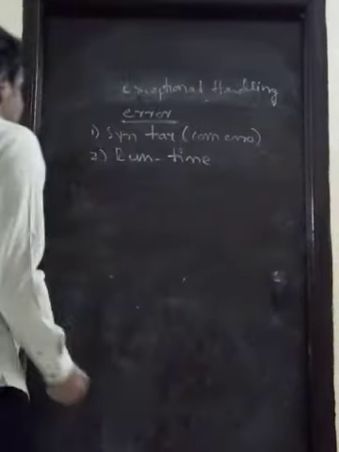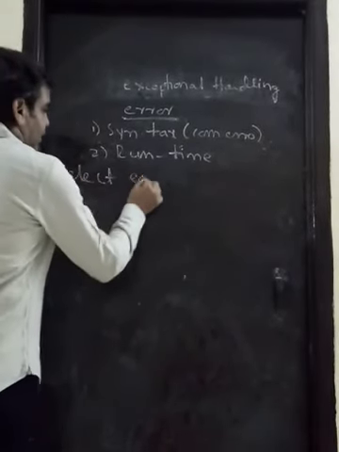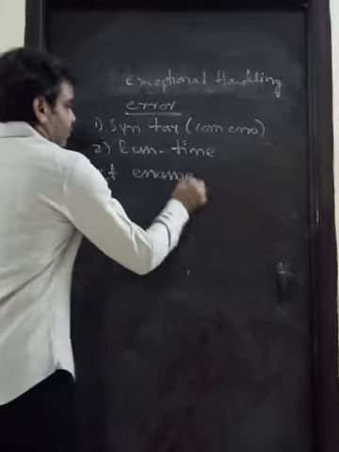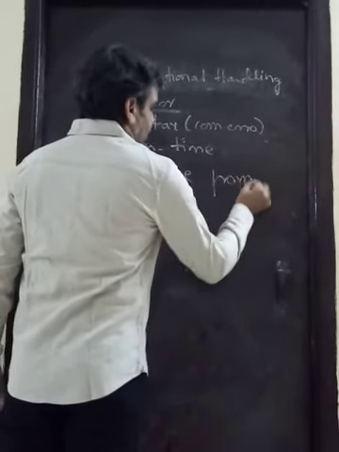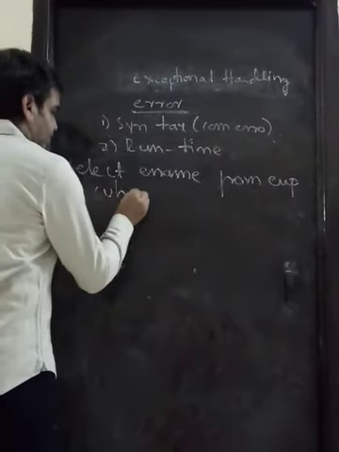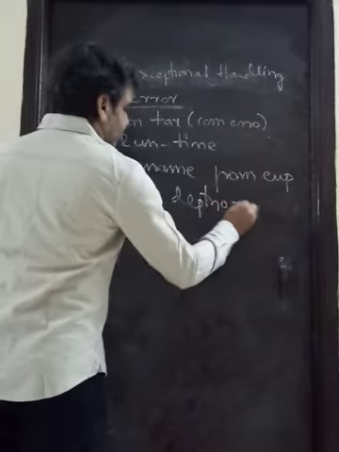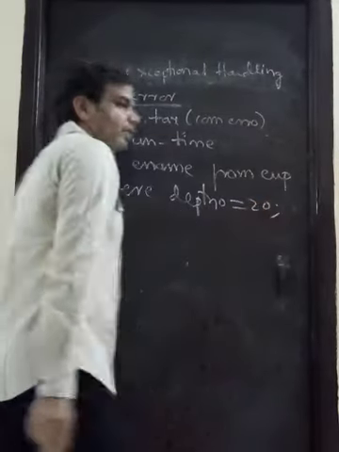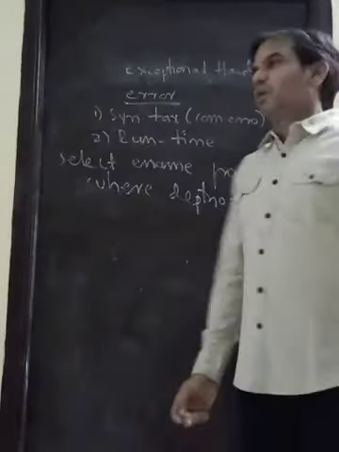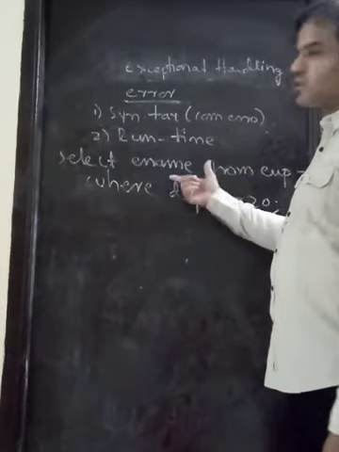So for example, this is a query: select employee name from EMP where department number is equal to 20. It means the employees who are working in department number 20, those names we are displaying.